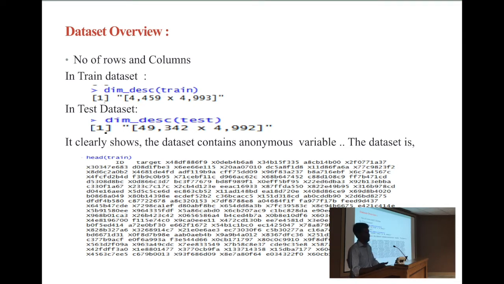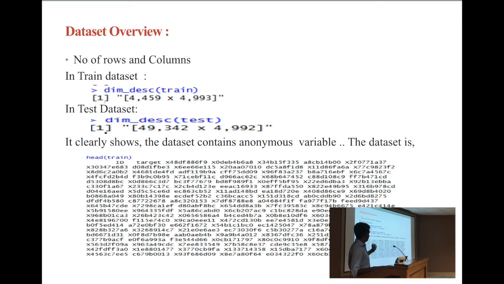In the test data set they provide the ID and other columns, but we need to identify the target column. That's our problem. The columns don't have unique names like customer, transaction number, ATM or digital. They only gave anonymous variables like this.